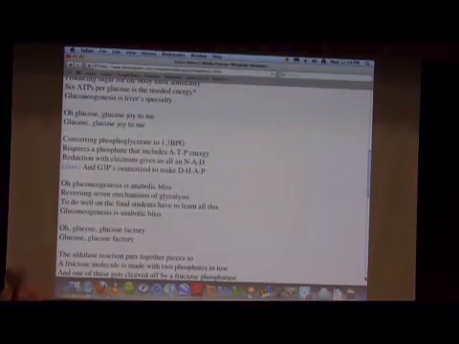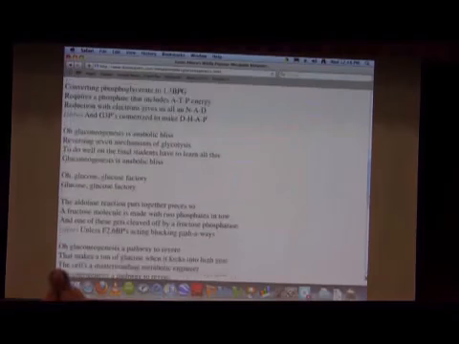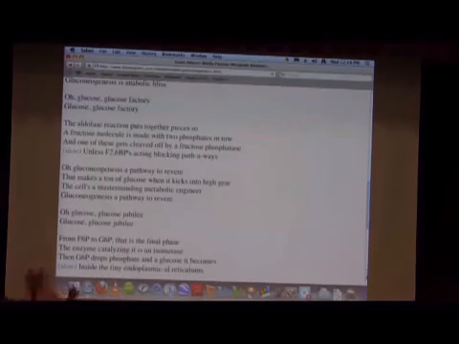Reversing 7 mechanisms of glycolysis. To do well on the final, students have to learn all this. The aldolase reaction puts together pieces so a fructose molecule is made with 2 phosphates in tow. And one of these gets cleaved off by a fructose phosphatase. Oh, gluconeogenesis, a pathway to revere that makes a ton of glucose when it kicks into high gear.